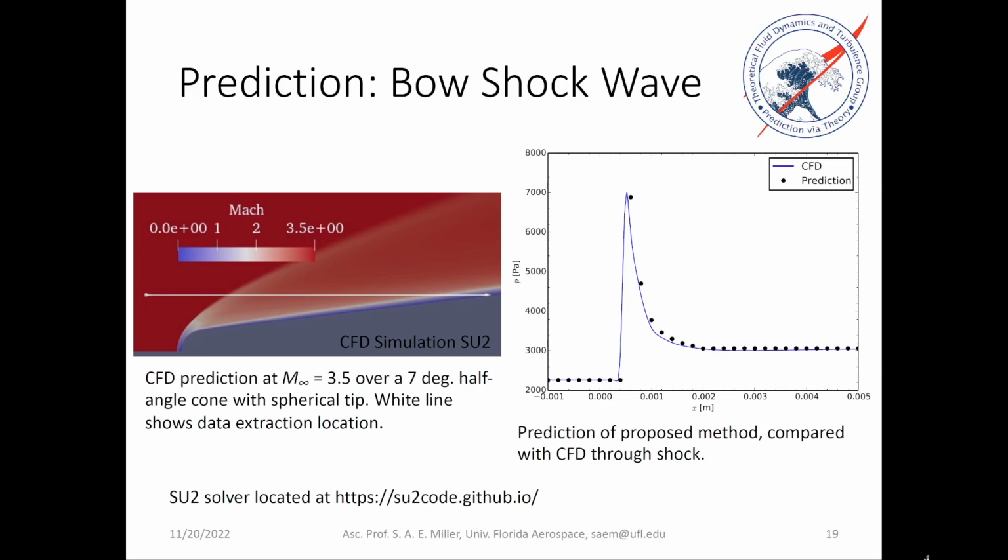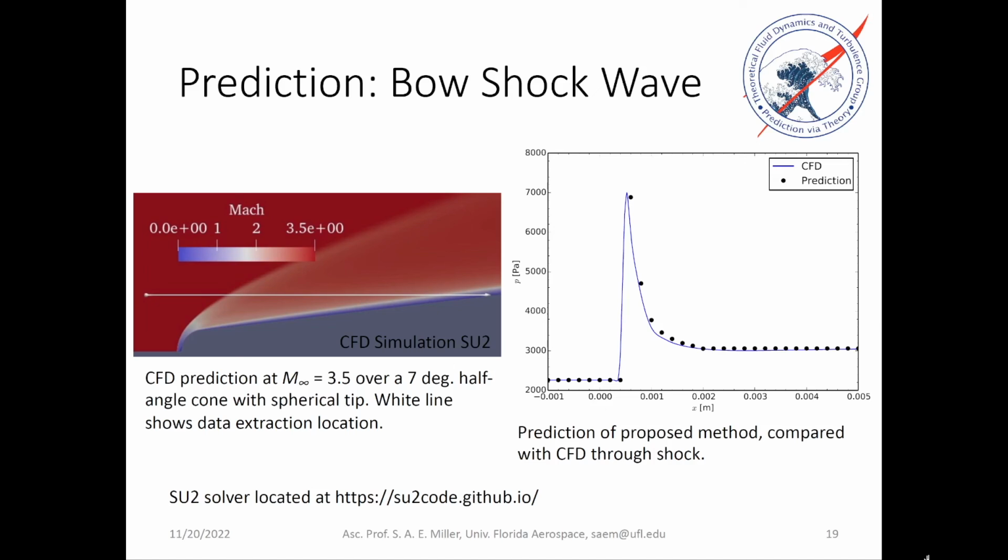I'd like to show one more prediction to show the power of the method. On the left, we have a CFD simulation of a spherical leading edge with conic surface moving at Mach 3.5. The half angle of the cone is 7.7 degrees. From this SU2 solution, which is open source CFD from Stanford, we've extracted the static pressure along the white line.